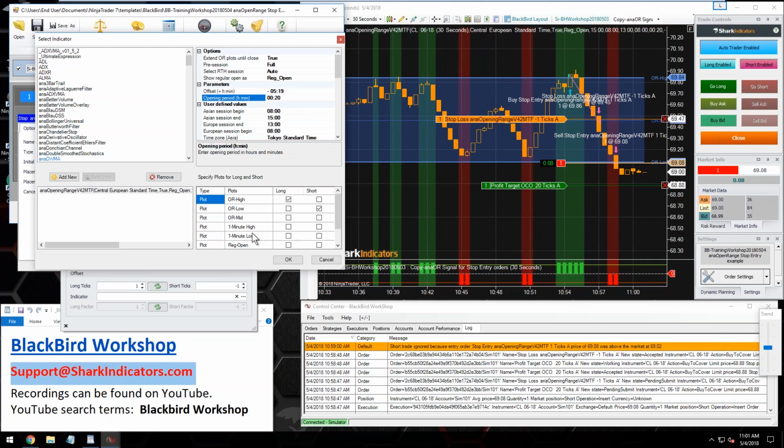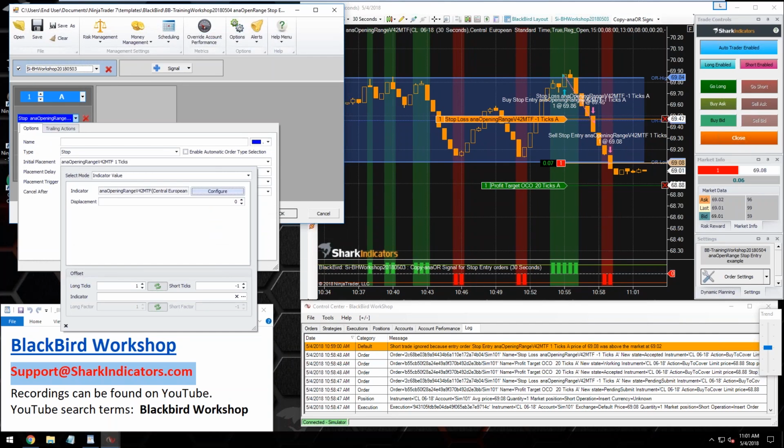Then selecting the plot is simple enough. We use the open range high plot for a long signal or long breakout, and the open range low plot for a short breakout or short signal. That was really simple.